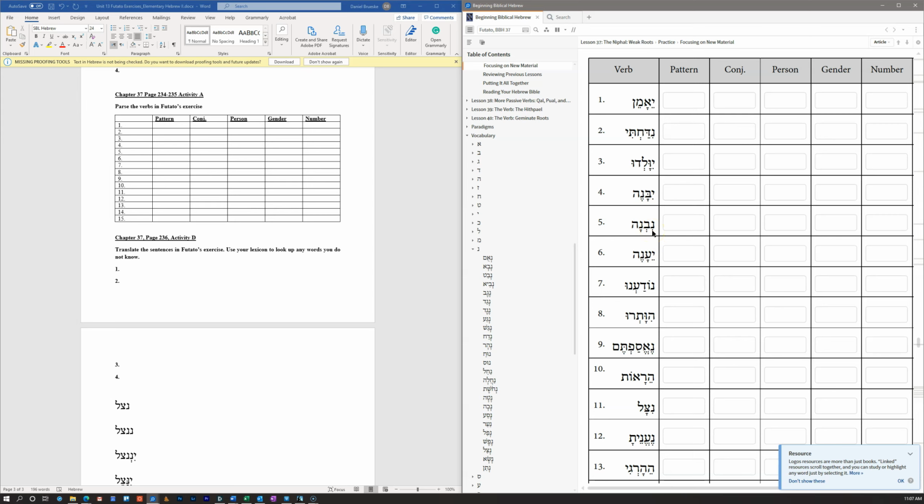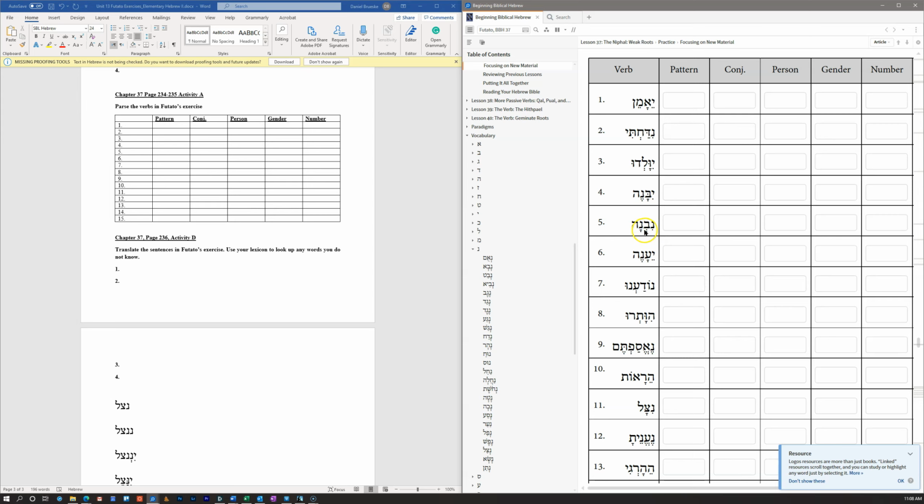I forgot to check what is the difference, because you're going to have a kametz either way, in the perfect or in the participle. I can't tell you right now off the top of my head whether this is a Niphal perfect 3ms of Bana, or if this is a Qal active participle.